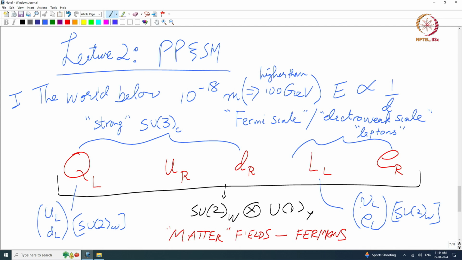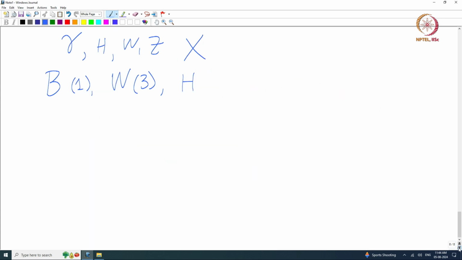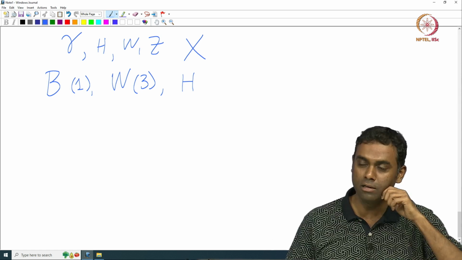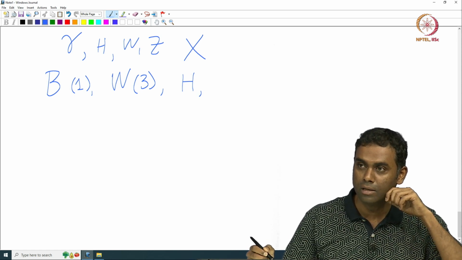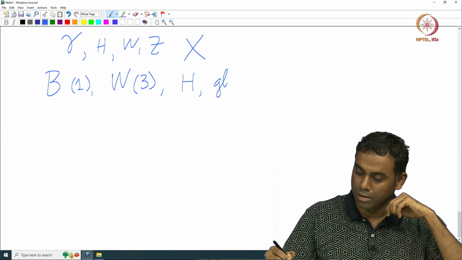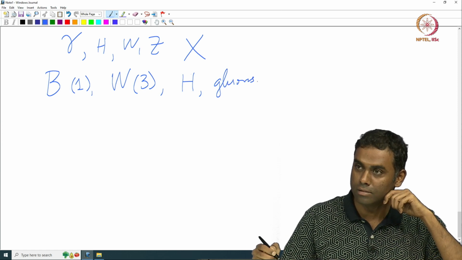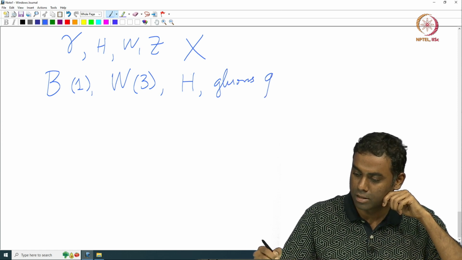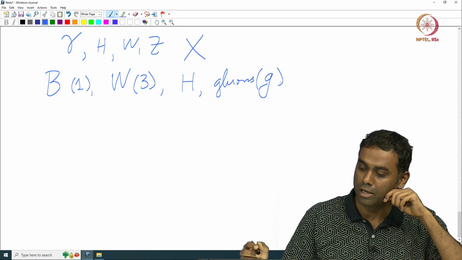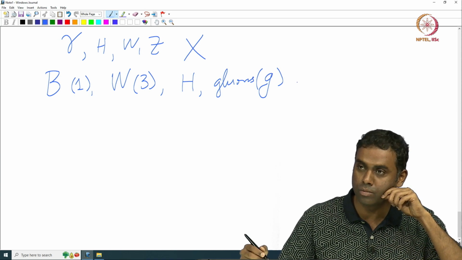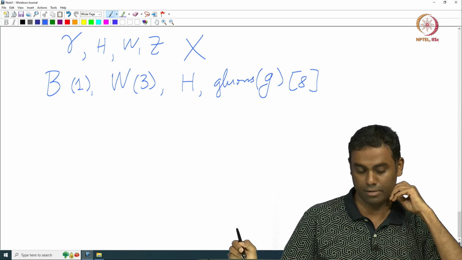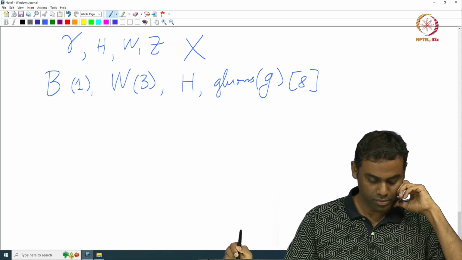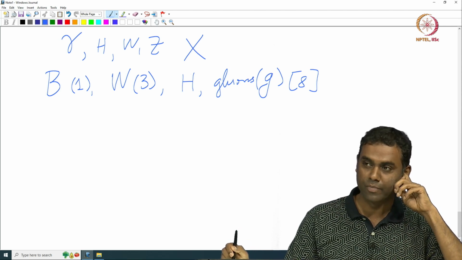The SU3, exactly. So what is the gauge bosons associated with the SU3? They are the gluons, right, commonly denoted as G, and how many of them are there? Does anyone know? 8. Yeah, there are 8 gluons, exactly.